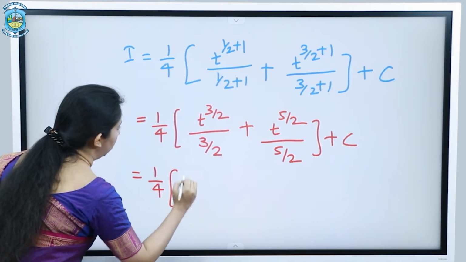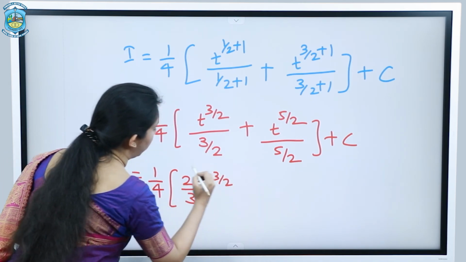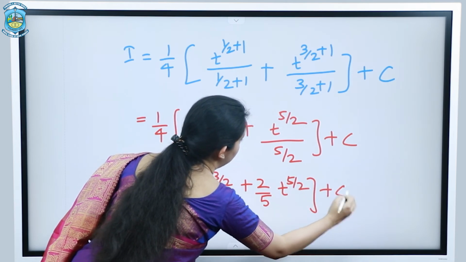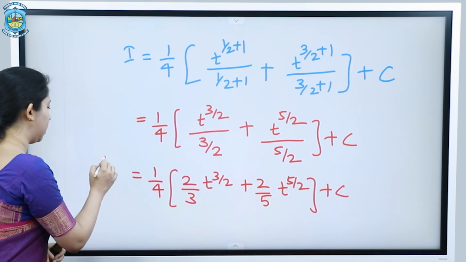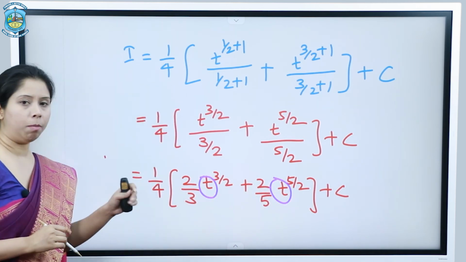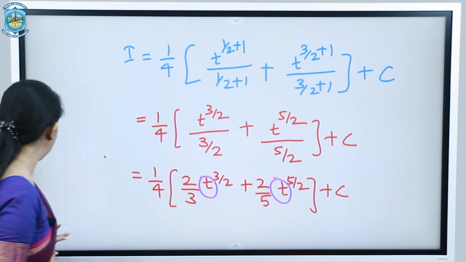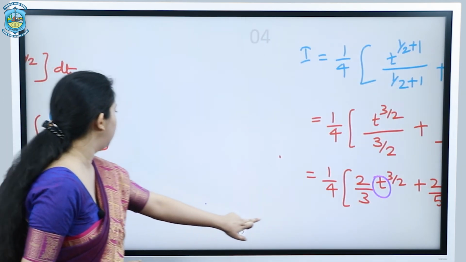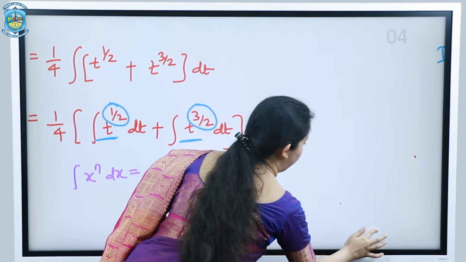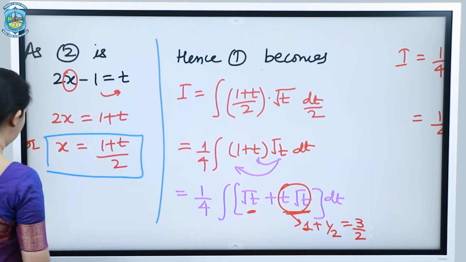So 1 by 4, this 3 by 2 in the denominator can be written as 2 by 3 t raised to the power 3 by 2 plus 2 by 5 t raised to the power 5 by 2 plus c. Now the last step is you have to replace this t from equation number 2. So what is the value of t?